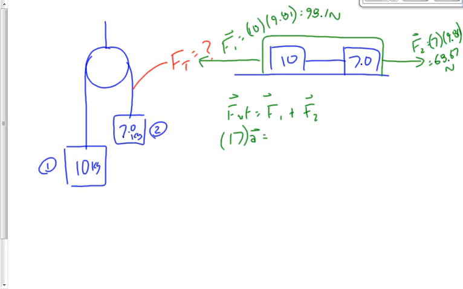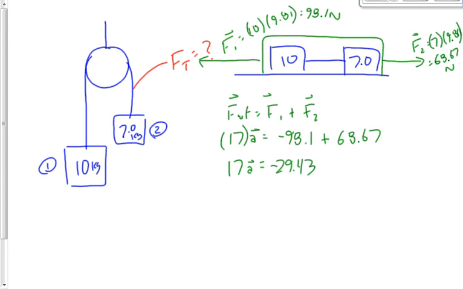Let's find the acceleration. F1 is negative 98.1. F2 is positive 68.67. Look, we're finding acceleration here. That's not what we're looking for, but that's a tool that we've got to get in order to solve what we're looking for. So let's get that. Negative 98.1 plus 68.67 is going to give me negative 29.43.